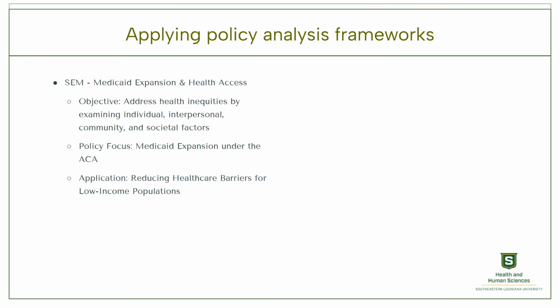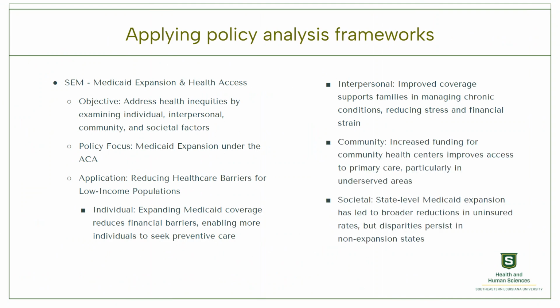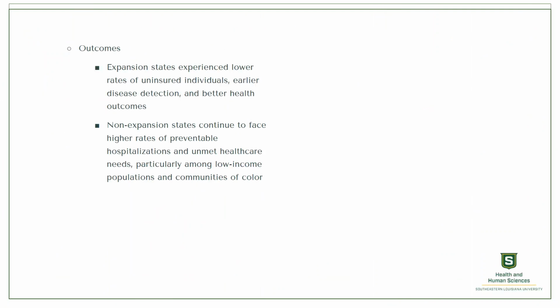I'm going to show a couple of them. We looked at the socio-ecological model, with an example of Medicaid expansion and health access. I've included the objective, the policy focus, and then looked at how the policy analysis framework has been used in it. So you guys should just read it up so that you see a practical application of policy analysis, and then look at the outcomes.